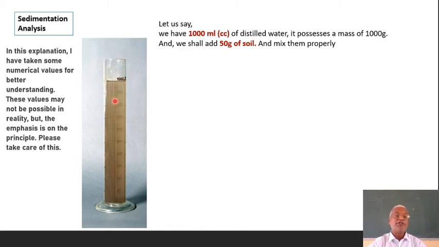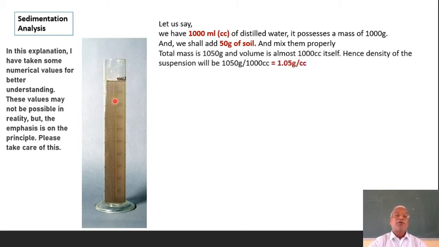One should not change the place of the jar again and again. So the total mass is now 1050 grams, because when you add soil, the mass becomes 1000 plus 50, and hardly will there be any change in the volume. It will be 1000 cc itself.